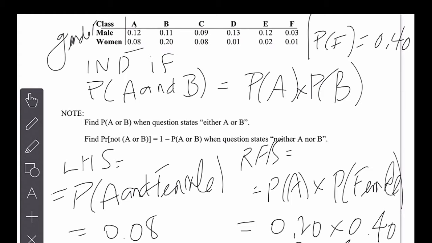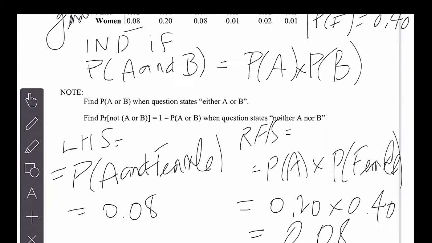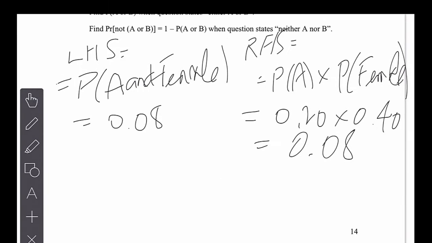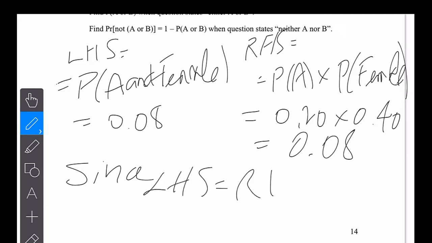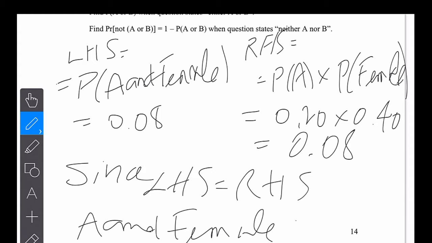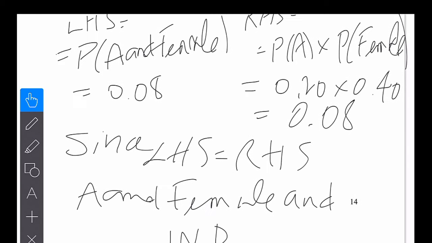And since the left-hand side is equal to the right-hand side, we say A and female are independent events. So it's very specific understanding what is independent. It's a matter of thinking of being in the subset of one event happening.